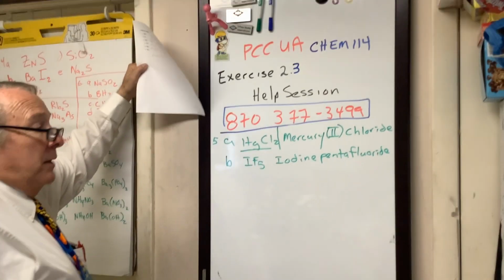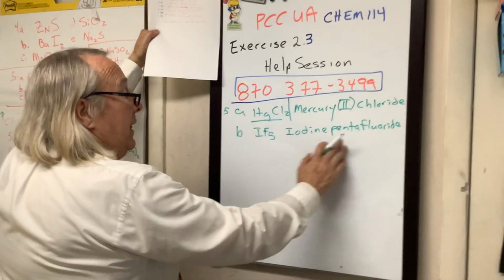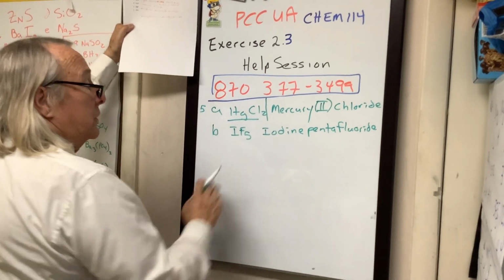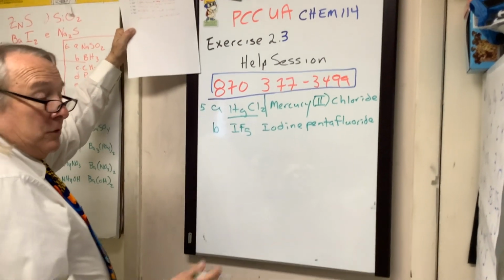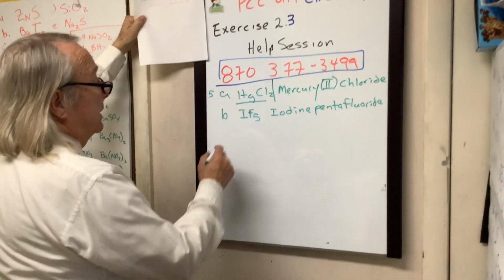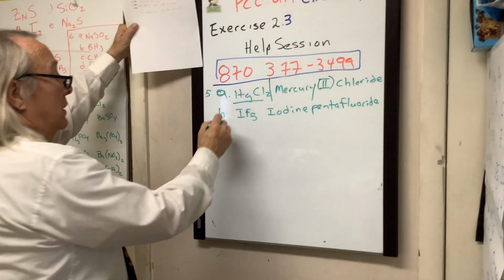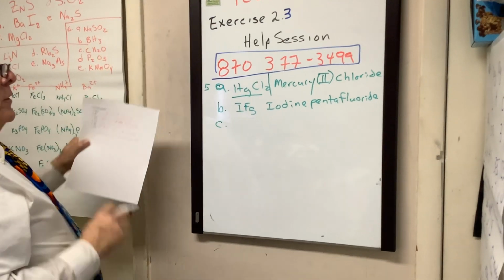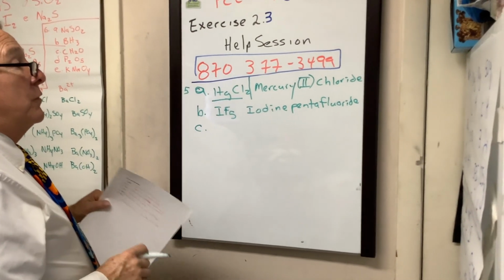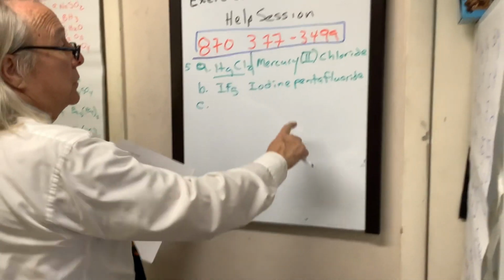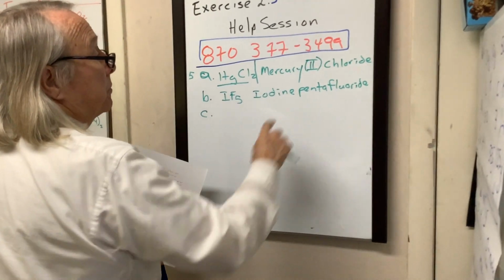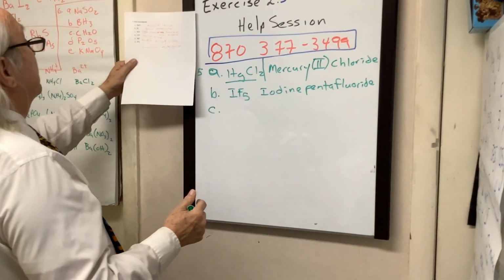In this compound, this is 2 nonmetals coming together. In fact, it's 2 halogens coming together. And it is a covalent compound that follows the covalent naming rules. In other words, you put the Greek prefix for the number of atoms present.